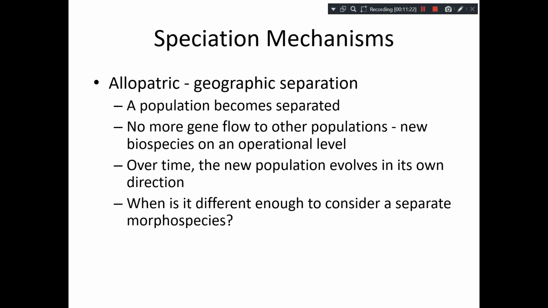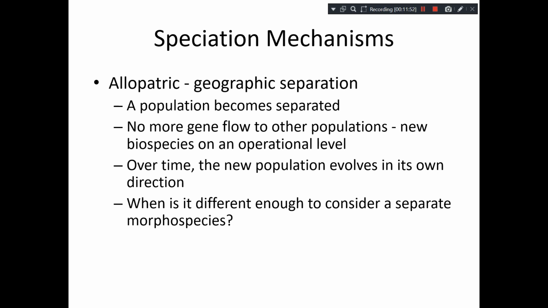These are nothing but the mechanisms of speciation. First let me start with allopatric speciation. Allopatric speciation is a mechanism by which new species are formed because of geographic separation. Allopatric speciation is the result of geographic separation.